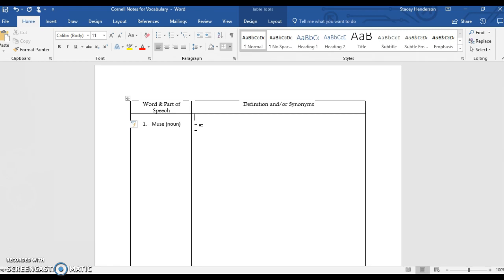So muse means divine inspiration. So there are 9 Greek muses, all of which are Zeus's daughters. Zeus is a god, and his 9 daughters were actually the inspiration for art and literature.